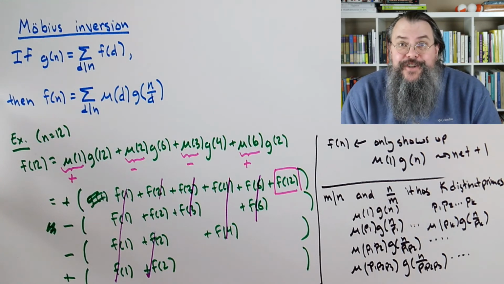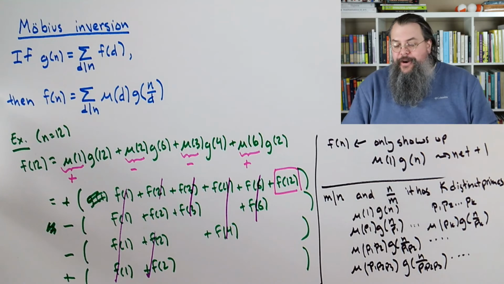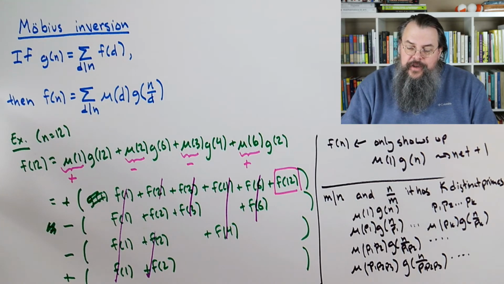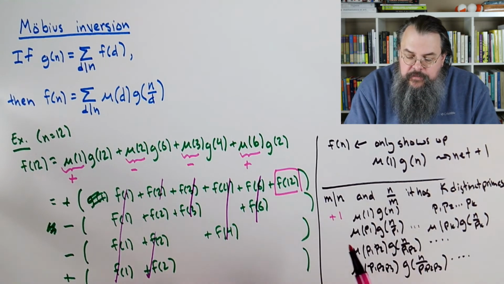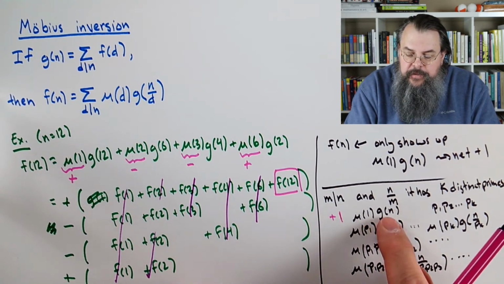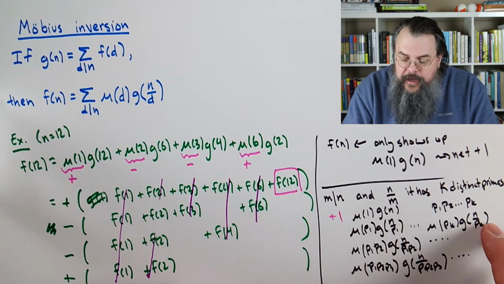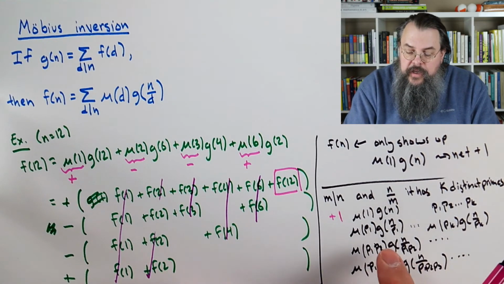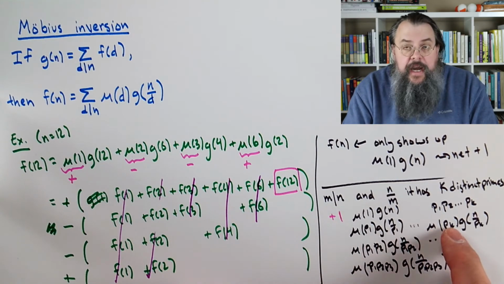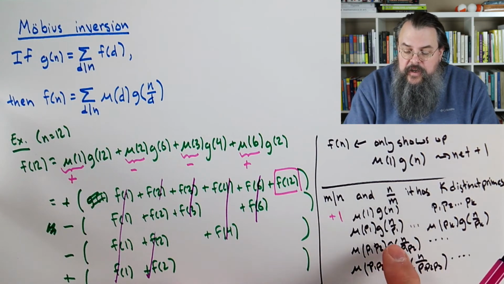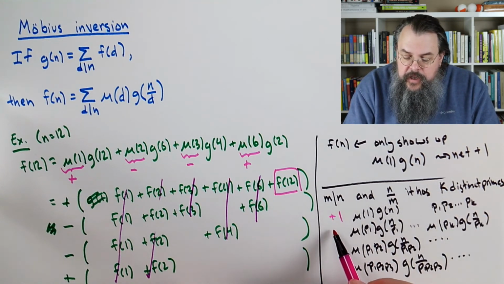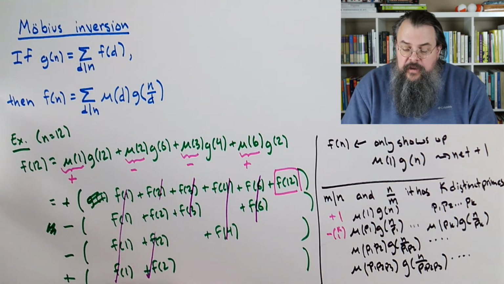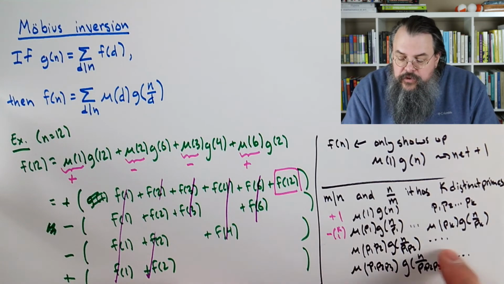Now, what is the contribution? What's our net count going to be? At the very beginning, we get a plus 1 from g of n times mu of 1. Now, if we have a single prime, each time that mu is going to be a minus, so we subtract, and it shows up in all of these. We had k primes, so we're going to subtract k choose 1, because we're picking one of the primes. How about the next line where we have 2 primes?